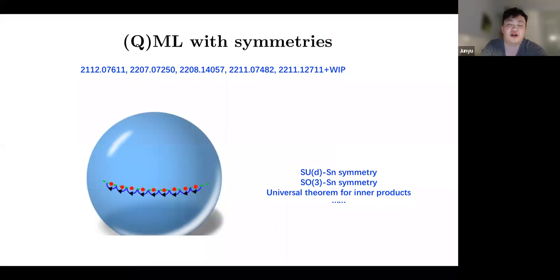And I also have other works using symmetries, so-called equivariant neural networks, which are neural networks respecting symmetries to enhance performance in problems related to symmetries, where I have some works and also ongoing works with collaborators.